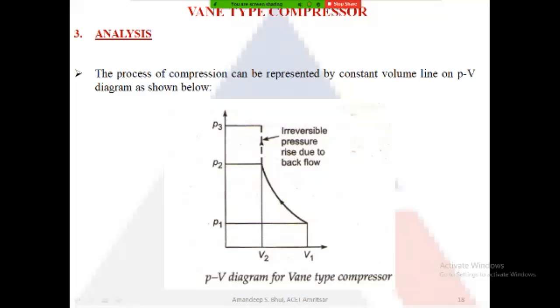Now the compression is taking place, hence the volume is reducing. That is why on this graph the process moves in the backward direction, and the volume reaches V2. V2 is smaller than V1, so the compression of air is taking place. Because of this reduction in volume, the pressure increases from P1 to P2.